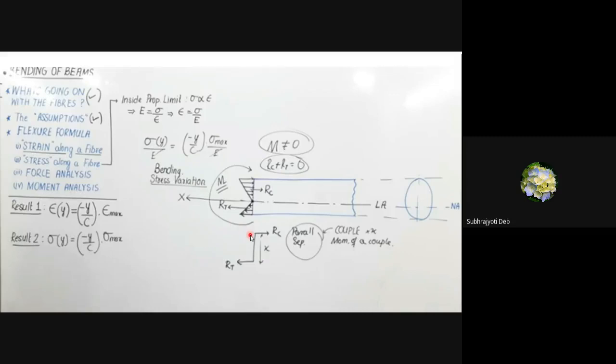The resultant is acting in this direction, RC, and the tension is in this direction, and the distance is x. So there will be a moment, isn't it? Moment is what? Force into distance. So there will be a value. I am saying that RC plus RT is equal to 0. One is compression, one is tension, but their moment will not be zero. As simple as that.